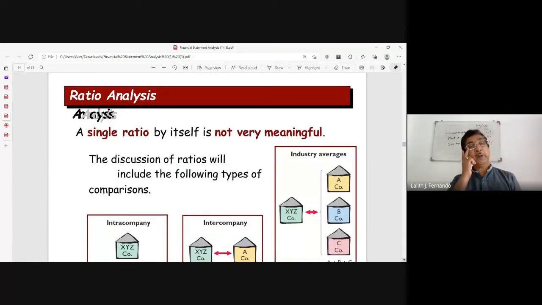But if you have only one ratio, it is not meaningful. We need to do it through a comparison.